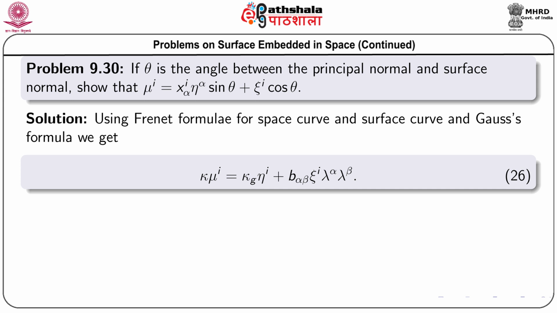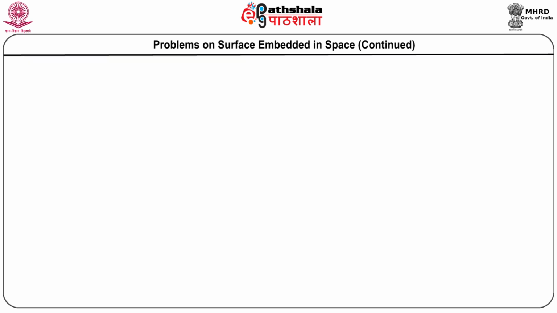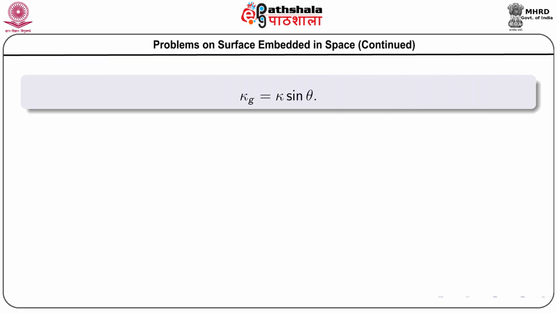This is a relation which we obtained in the proof of Meusnier's theorem, and we also have kappa cos theta equals b alpha beta lambda alpha lambda beta, the expression for the normal curvature, also obtained from Meusnier's theorem. And as a corollary, kappa g equals kappa sin theta, the geodesic curvature.